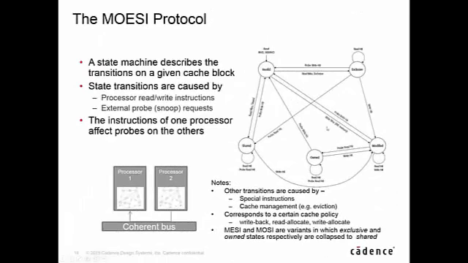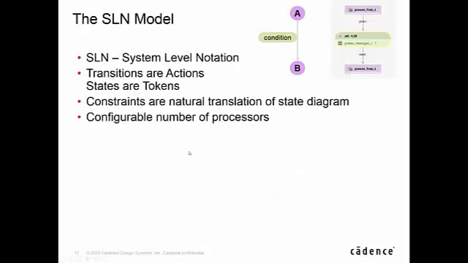So as I said, this is that same state diagram, looking at the MOESI protocol and all the different transitions that can occur, and in our environment, how this is captured is through this model, as we talked about. It's a system-level notation. The transitions of the states we're talking about are actions, and the states themselves are tokens that are passed, so we know the current position of where we are in the state diagram.